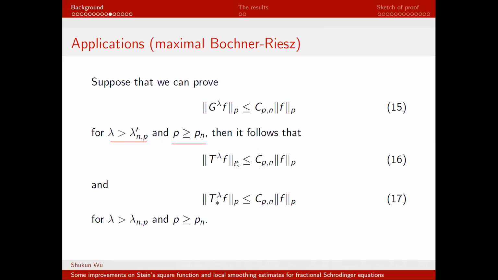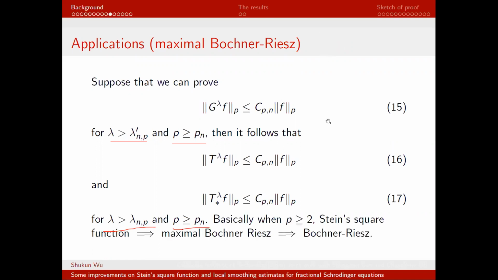Then it follows that the Bochner Riesz operator is bounded in LP space, as well as the maximal operator in the same range of p and in its sharp range of lambda. Basically, when p is greater than 2, Stein's square function will imply maximal Bochner Riesz, which in turn implies Bochner Riesz, and that's the storyline.